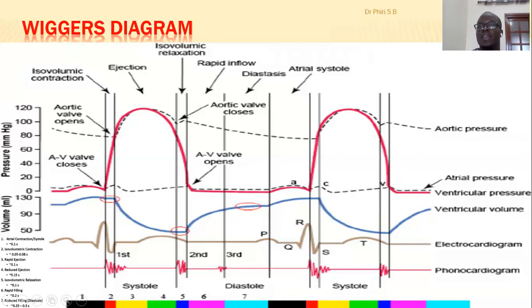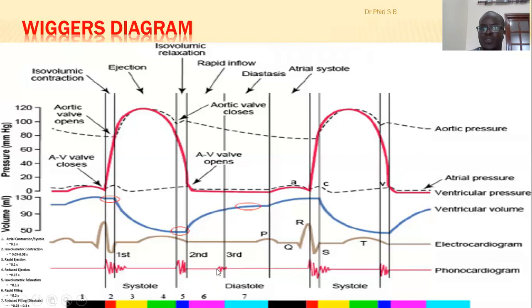So you can see the correlation of a lot of pressures: aortic pressure, atrial pressure, ventricular pressure, and ventricular volume, and also the electrocardiogram. Then you also have the phonocardiogram that is plotted against time. So you can also appreciate the third heart sound here. We say the third heart sound is heard during the rapid filling.